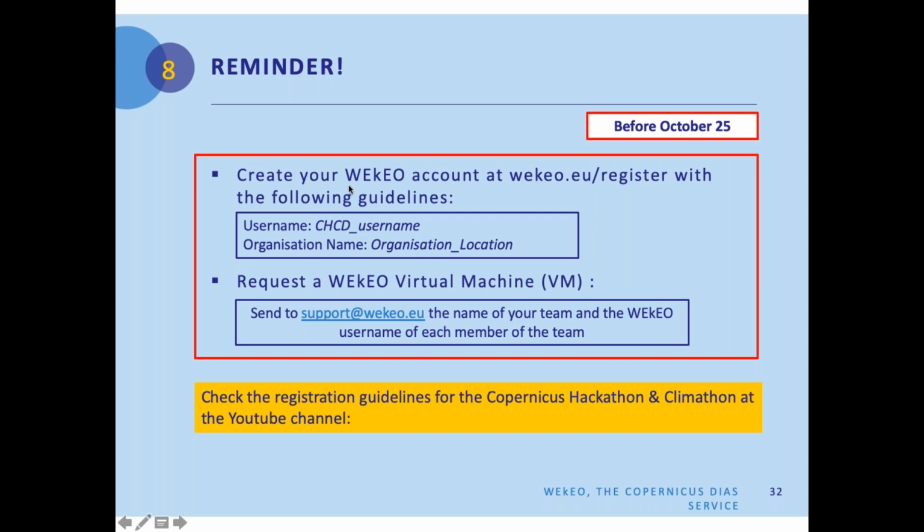And for the request to the virtual machines, you should already have a group created, and you can send us, as I said before, the name of your team and the WEkEO usernames of everyone, so that we can set up everything before the hackathon.